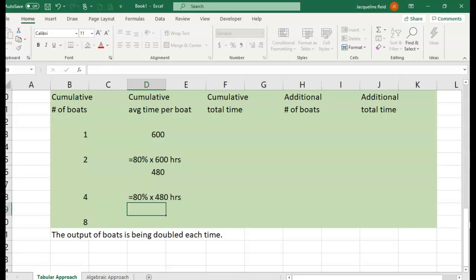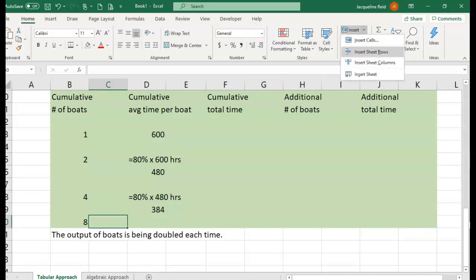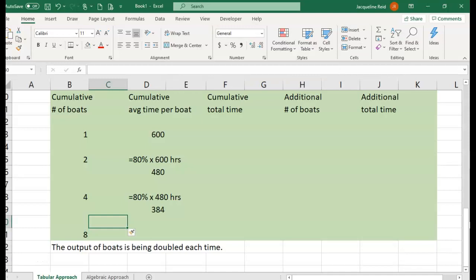Where does that leave us? Let's see. 384 hours. What does this tell me? That each of these 4 units takes 384 hours.